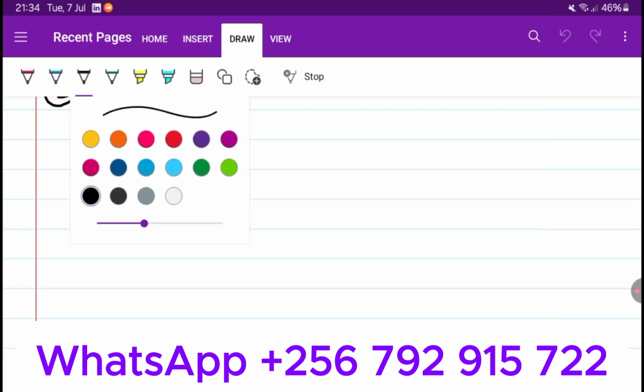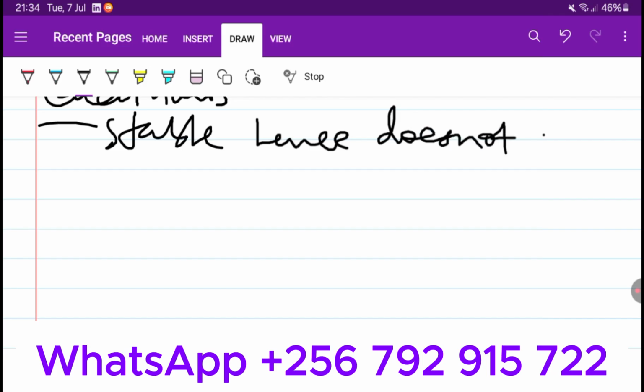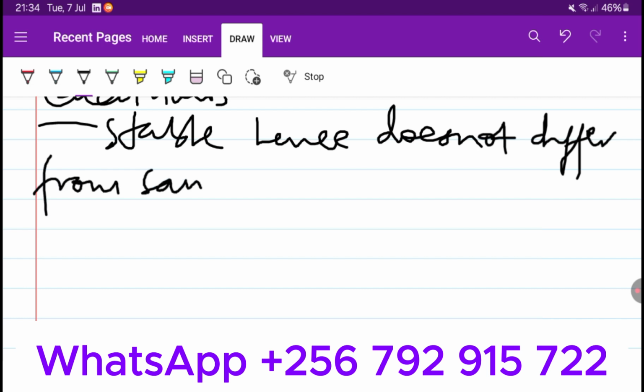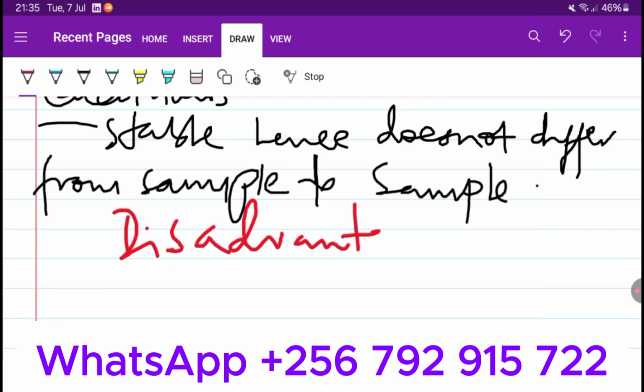So we have said the last one, it is stable, hence does not differ from sample to sample. So let's look at the disadvantages. Disadvantages of mean.